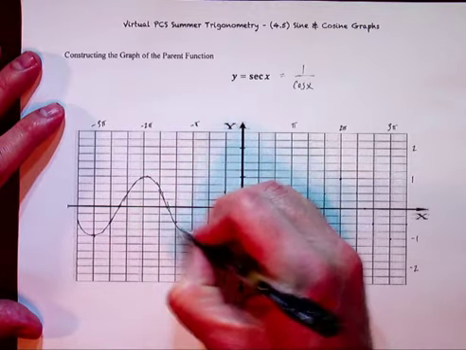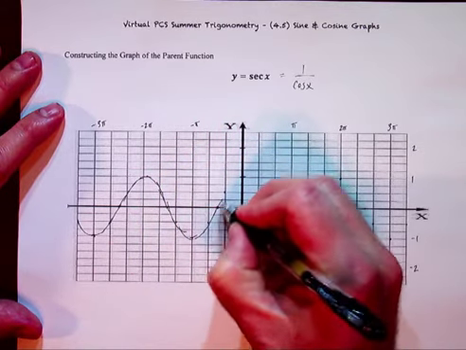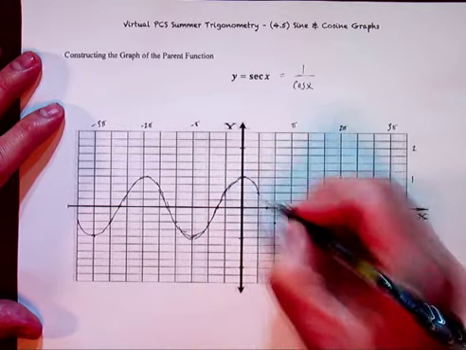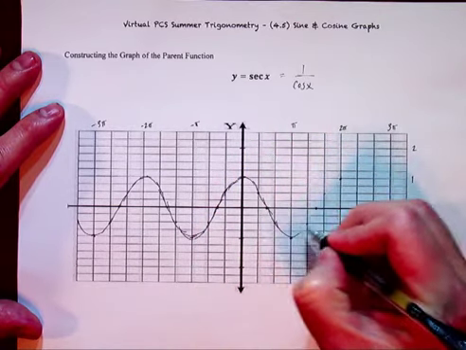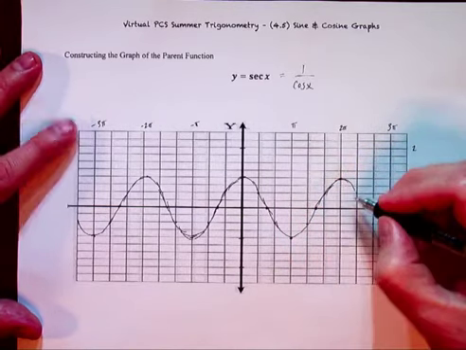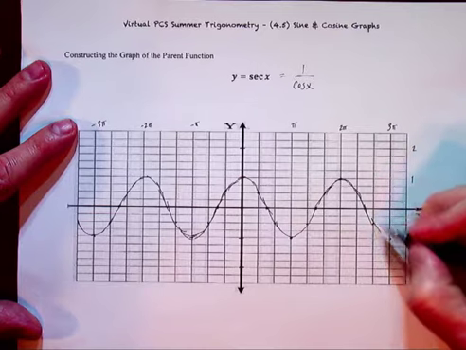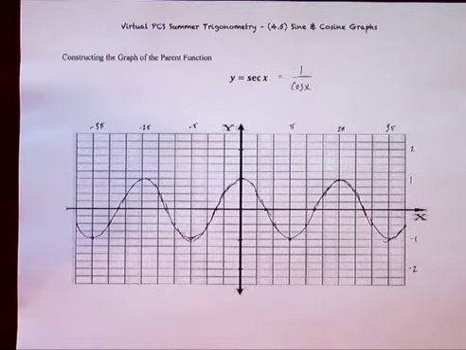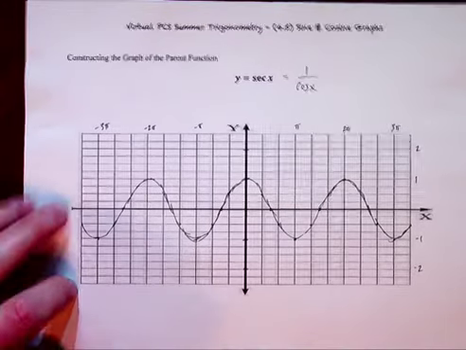Now, this is arguably less complicated than tangent is, because tangent is one trig function over another, so you have two pieces of it, which makes it in some ways a little more difficult.